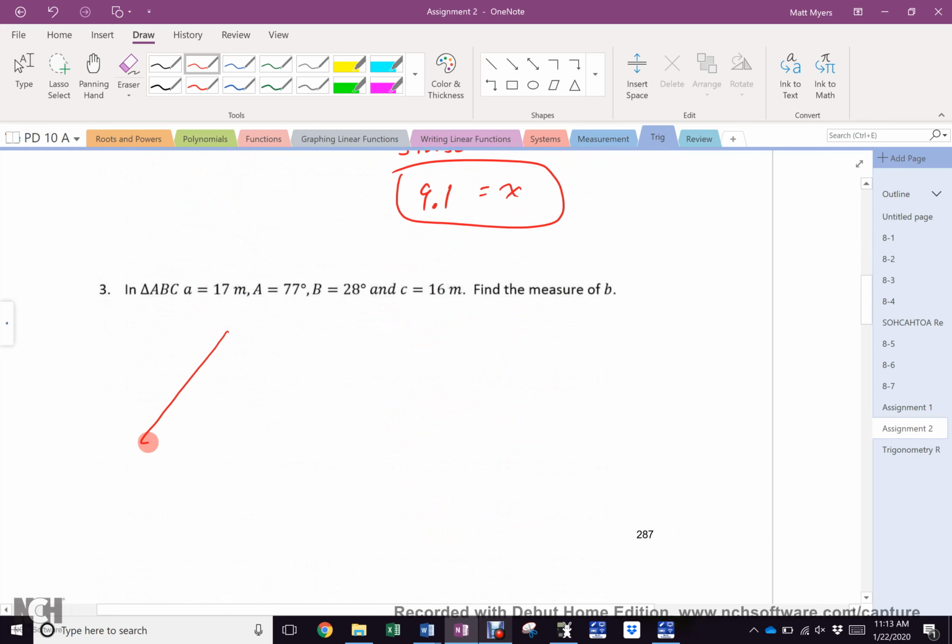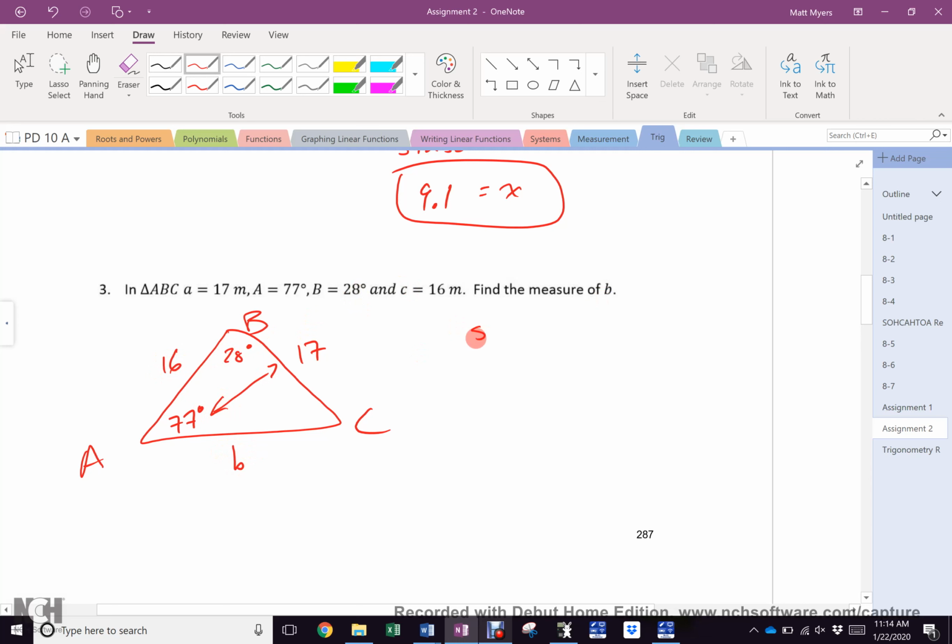Triangle ABC. A, B, C. A is 17 meters. Angle A is 77 degrees. B is 28 degrees. And C is 16. Find the measure of B right here. Well, there's a pair. Does this even help us?